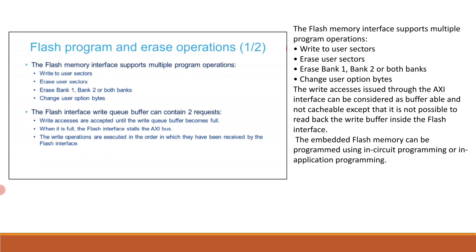Write to user sectors, erase user sectors, erase bank 1, bank 2 or both banks, and change user option bytes. The write access issued through the AXI interface can be considered as bufferable and not cacheable, except that it is not possible to read back the write buffer inside the flash interface.